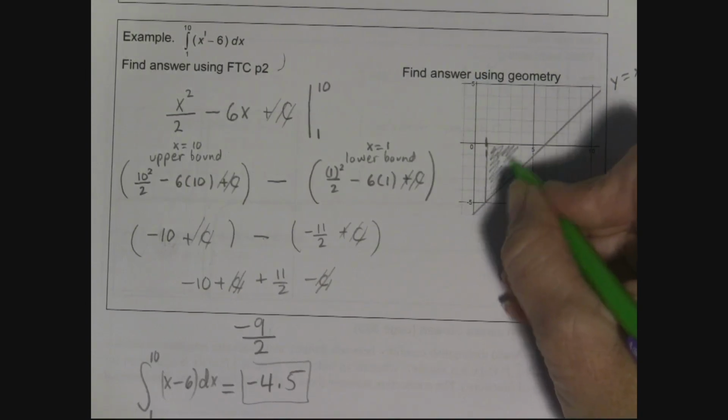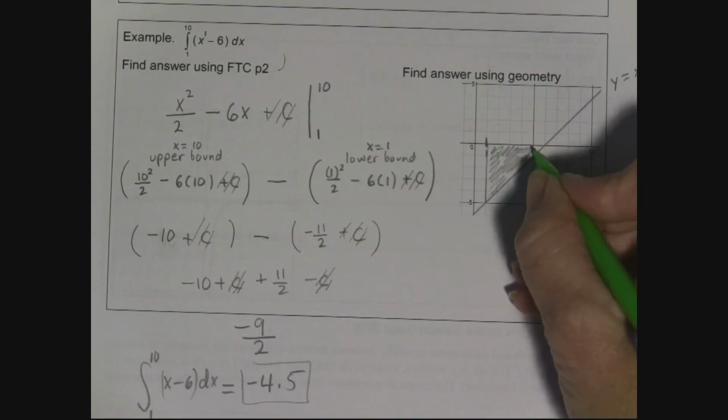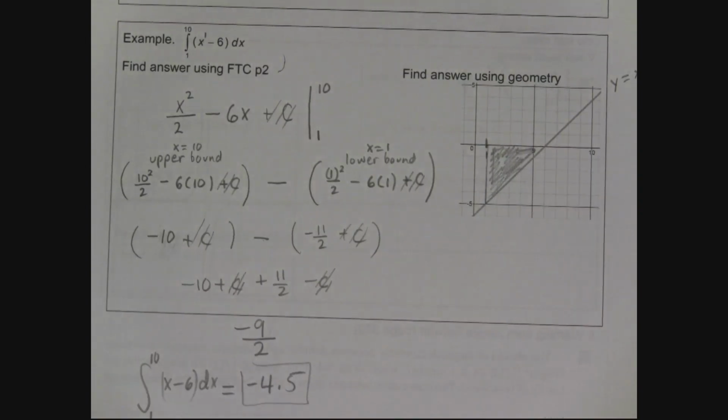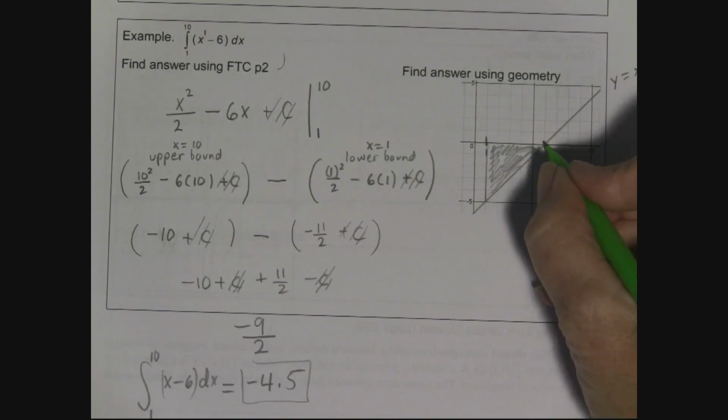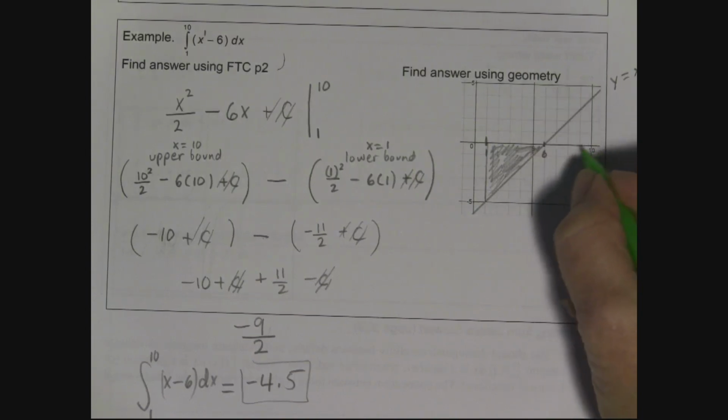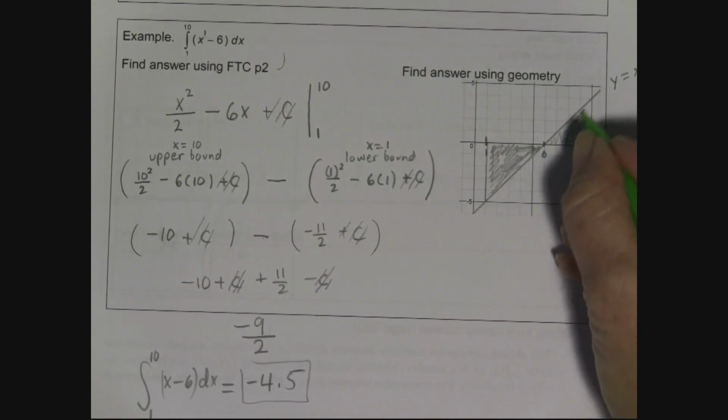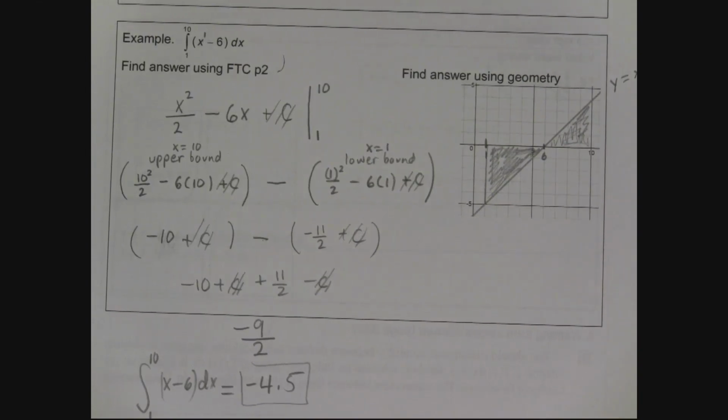Then I'm going to find the area trapped between the x-axis and the curve, which is a line. This area is crossing right here at 6, and the area from 6 to 10 is above the axis. It is 2 triangles.